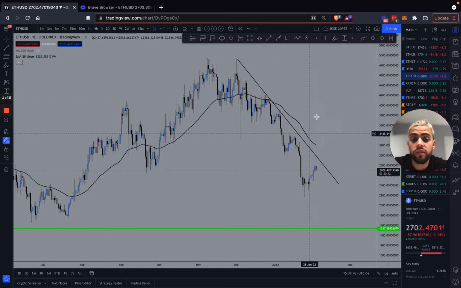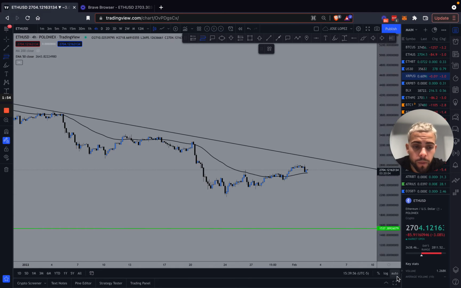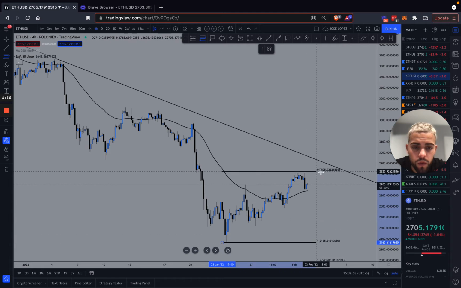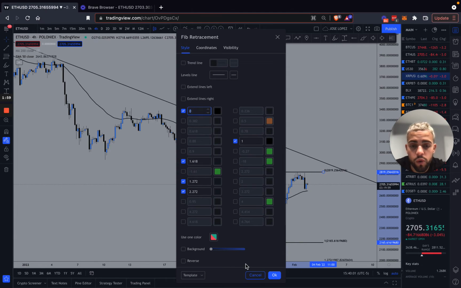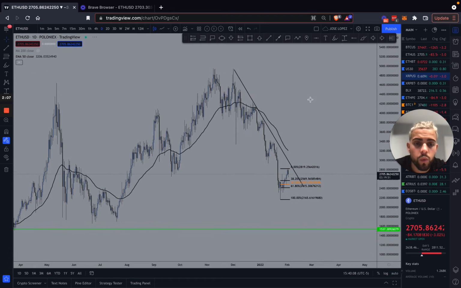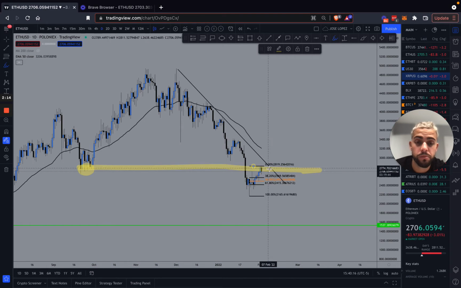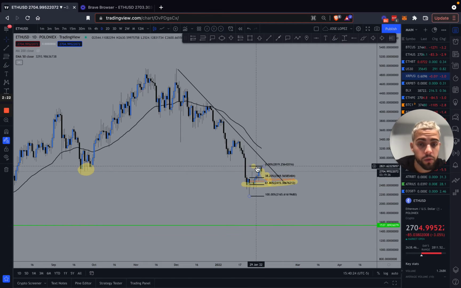But what I would like to see in order for the market to not make a lower move and break out of this structure is simply to create some form of support in a higher low structure once we start trending lower. Okay, so we do know by now that this is a previous support level that now has become resistance, which means that most likely price will have rejection to lower levels from this structure point or zone, however you want to call it.